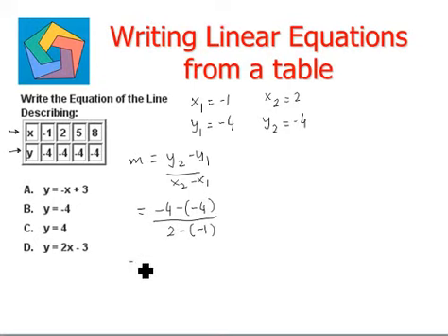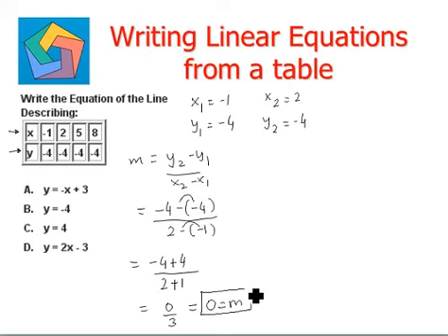On the numerator we have negative 4 plus 4, which is 0. In the denominator, negative times negative is positive, so 2 plus 1 is 3. So 0 divided by 3 is nothing but 0. So we have the slope as 0.